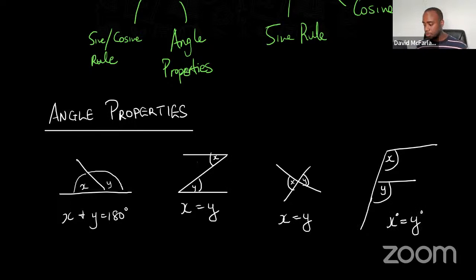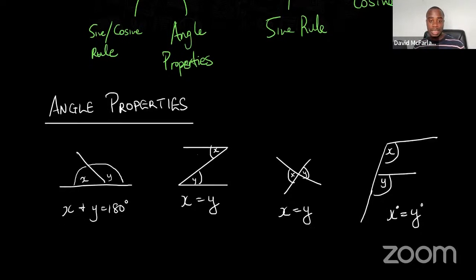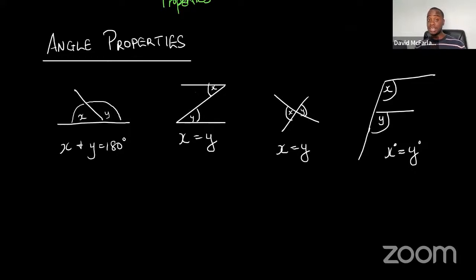Let me look in the chat to see if I see anything else. Co-interior. Now that one, based on what I've seen, comes up a lot, so it's really good to know those. So co-interior angles.